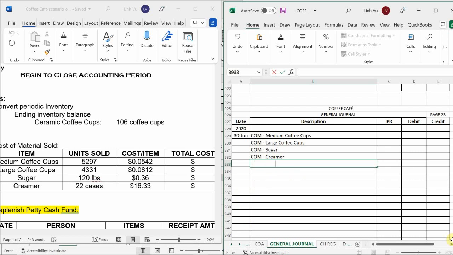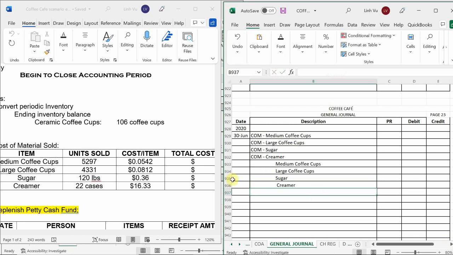It's going to come directly out from your actual business supplies account. So you're going to have the medium coffee cups, the large coffee cups, the sugar account, and the creamer account. Those are all going to be taken out from those accounts.